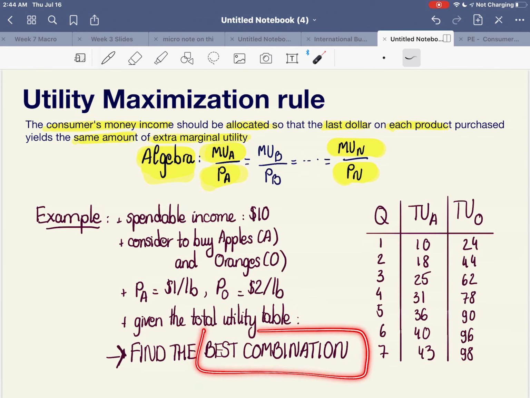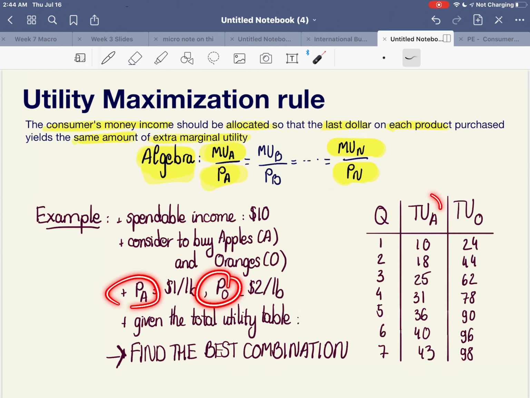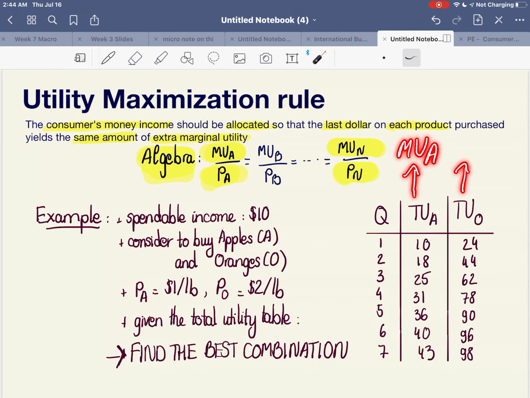When you see the words best combination, you know that you would use the utility maximizing rule. In order to use it, you need to know the marginal utility and the price of each product. The example only gives you the price and the total utility, so we're going to use the total utility to find the marginal utility for each product.